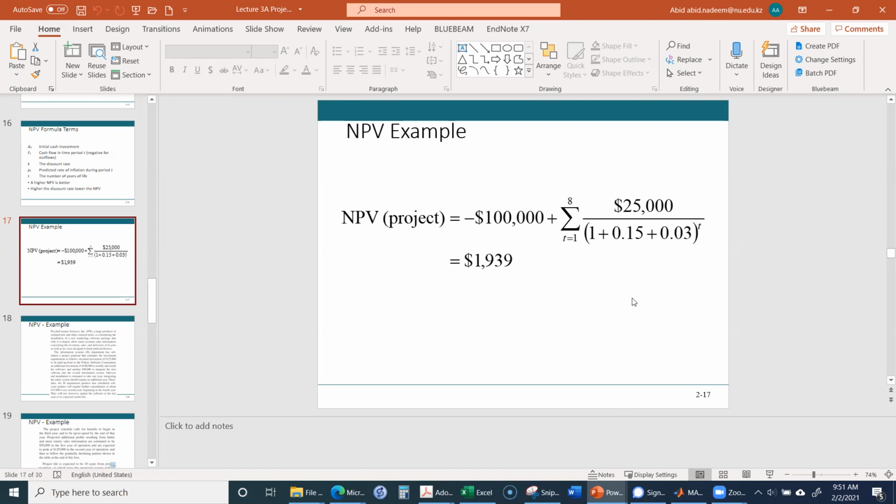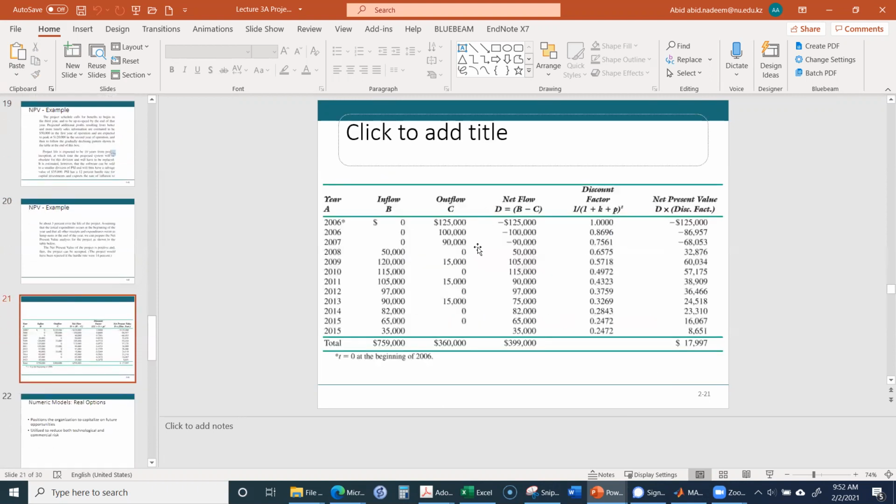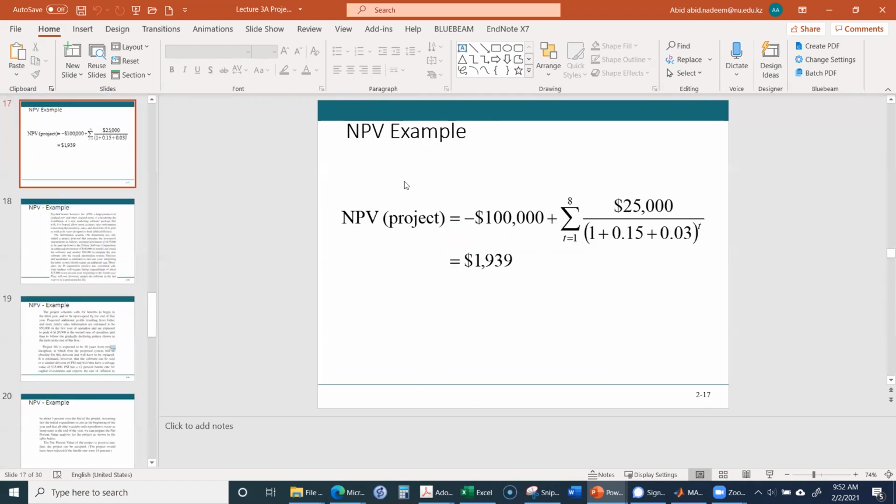Okay, so for example, as we can see in the lecture slides, we have seen a case of a project. There was this very detailed case as well, for which I have also explained the calculation. But let's take a rather simple case for the net present value example. $100,000 is the investment, and on average we are getting benefits from the project of about $25,000.